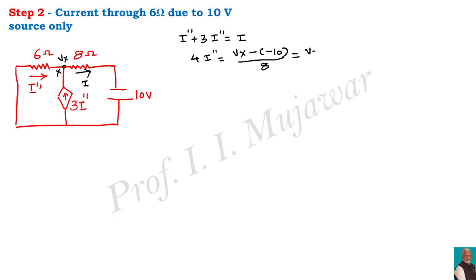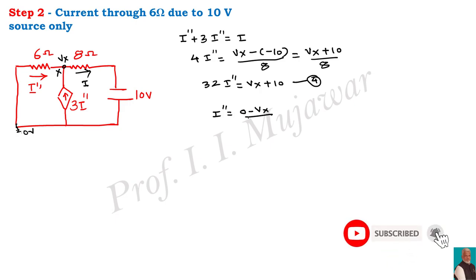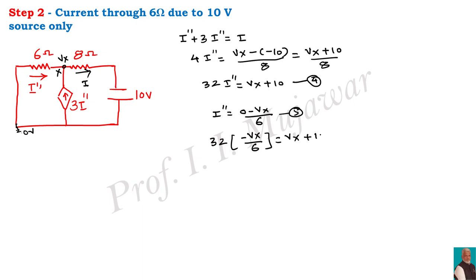Now for I double dash, this point is at a reference potential of 0 volt and the current is flowing this way, so I double dash is equal to (0 minus Vx) divided by 6. Using this value, Vx comes out to be minus 1.58 volt.